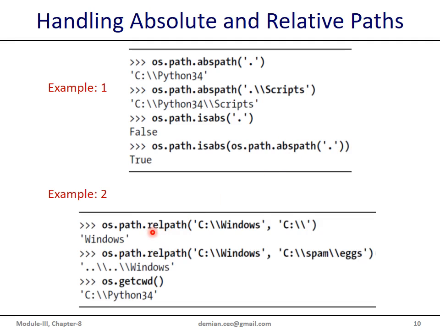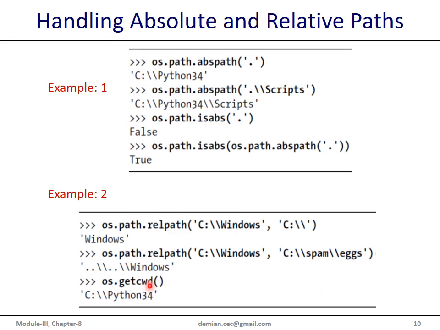Similarly, we can have a relpath function which gives the relative path between the start path and the first argument path. In this case, the relative distance and the path is windows. This is the start path and this is the path, the current path. Similarly, if you work on this, we get the parent and again parent and then windows.